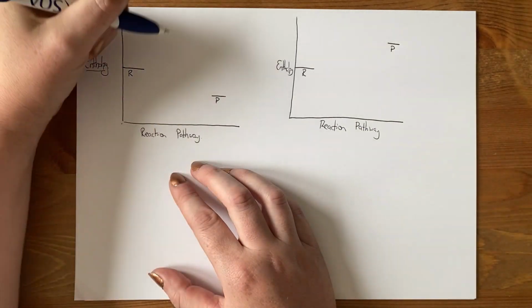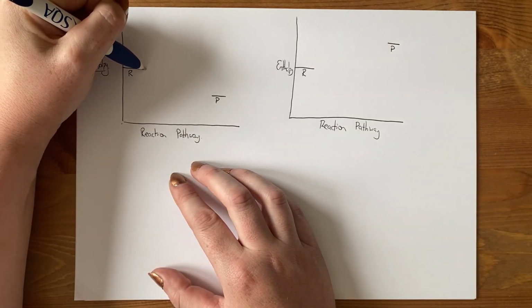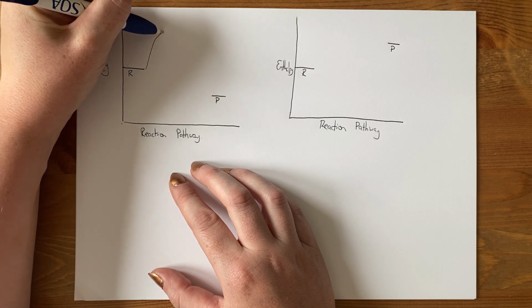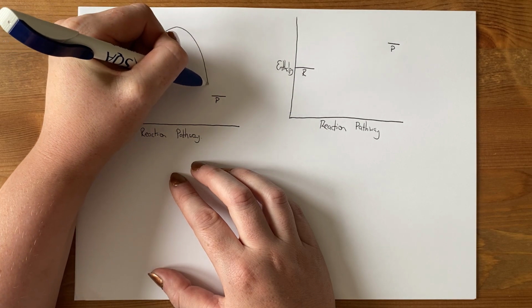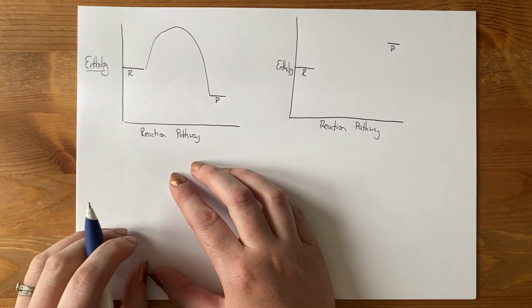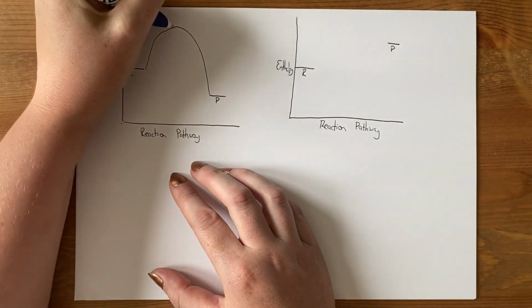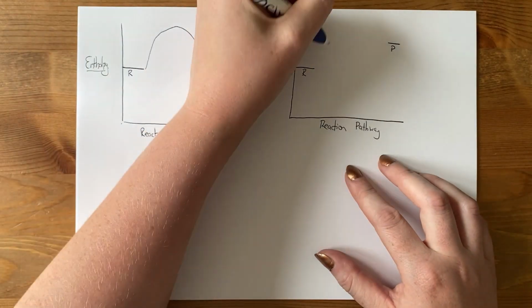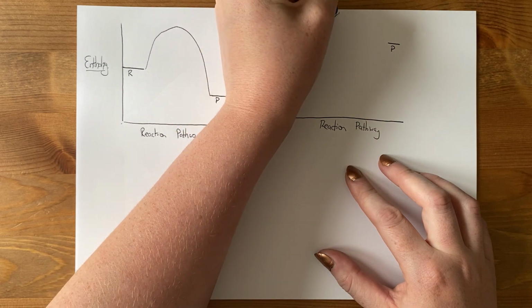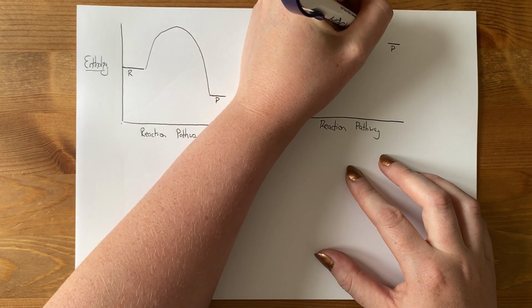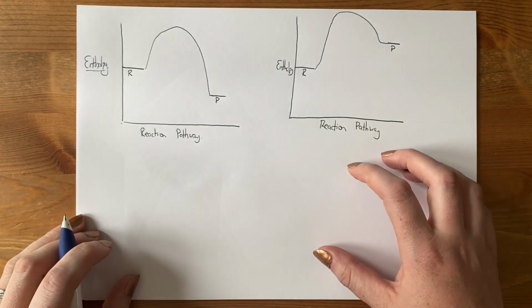So what actually happens is my reactants need to be given enough energy to reach a certain point before that energy then drops to wherever the products are. Looking at this one here, this is going to go up so far to my activation energy and then drop to where my products are.